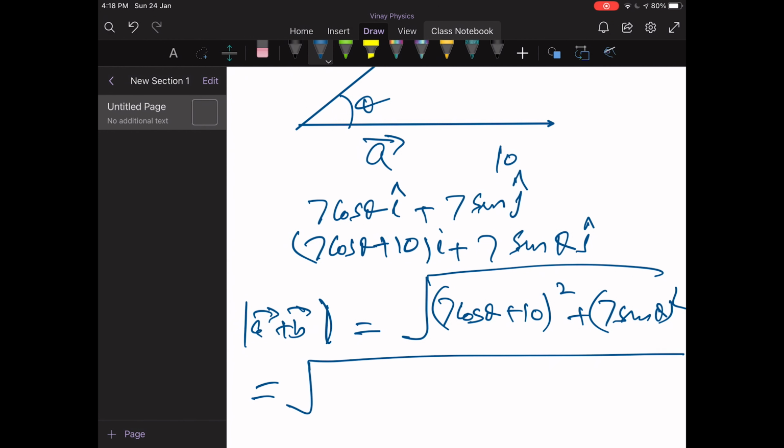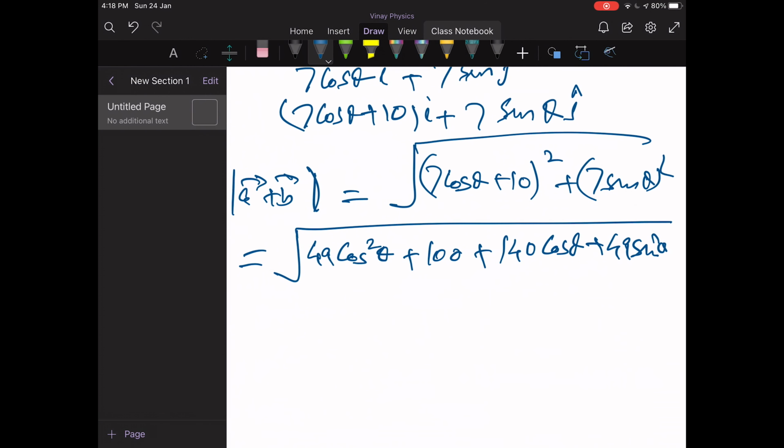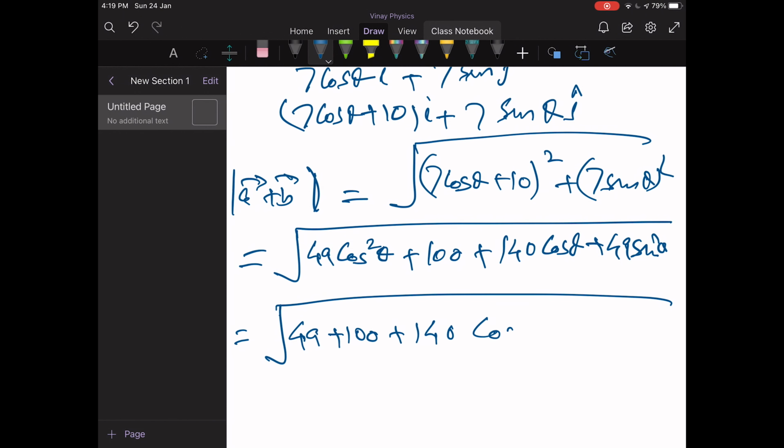Now if we open it up, we get 49 cos square theta plus 100 plus 140 cos theta plus 49 sin square theta. So 49 cos square theta plus 49 sin square theta will become 49. So what we have is 49 plus 100 plus 140 cos theta.